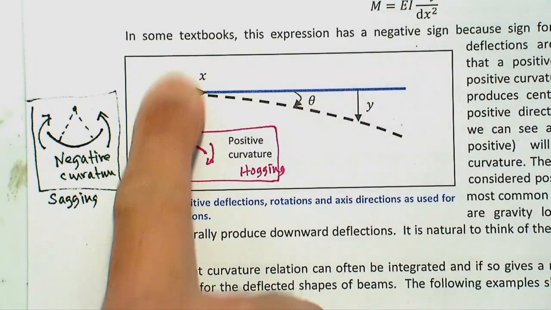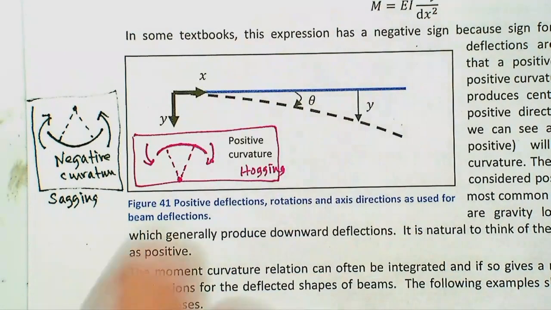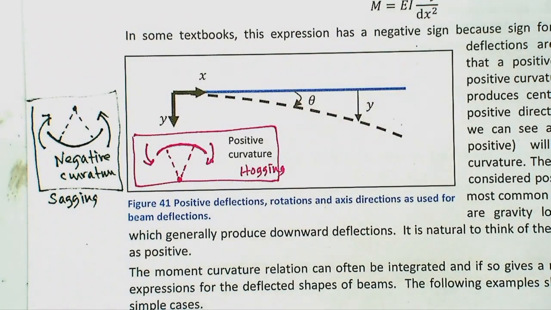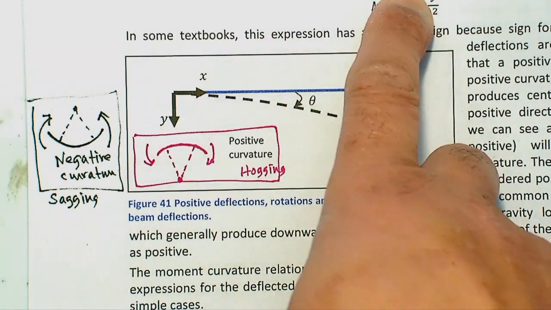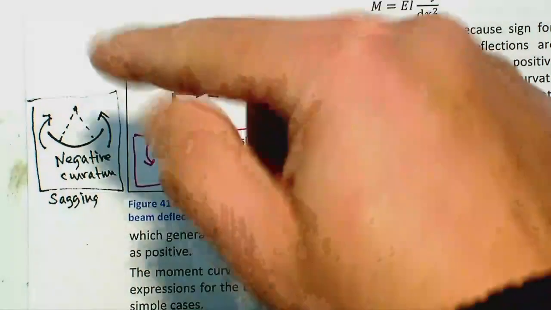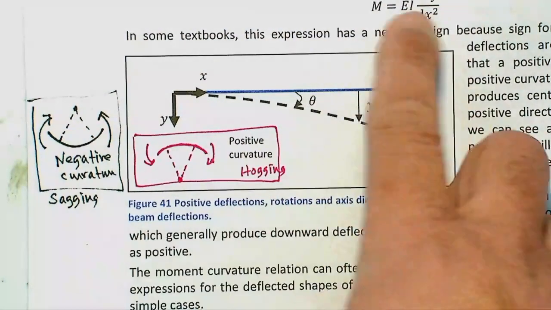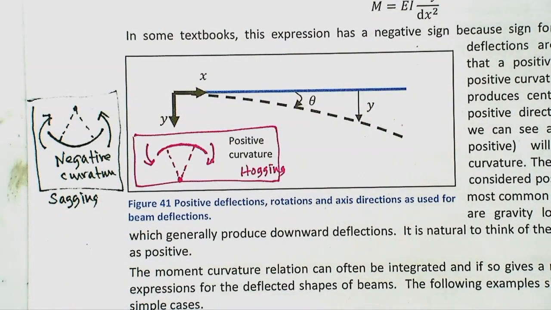Some books would have sagging bending moment as positive and y downwards, so it could be negative. Some would have y upwards as well as sagging upwards, so then that would be plus as well. The way to test all of this is whether positive moment produces positive curvature or not.